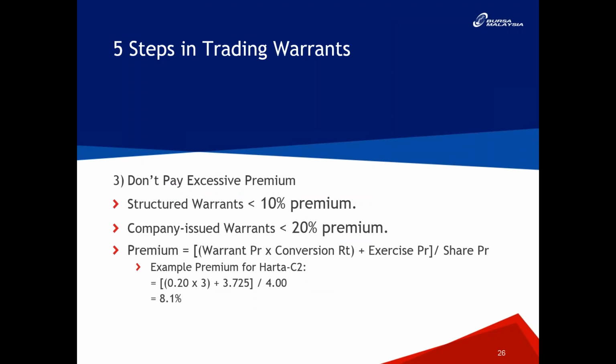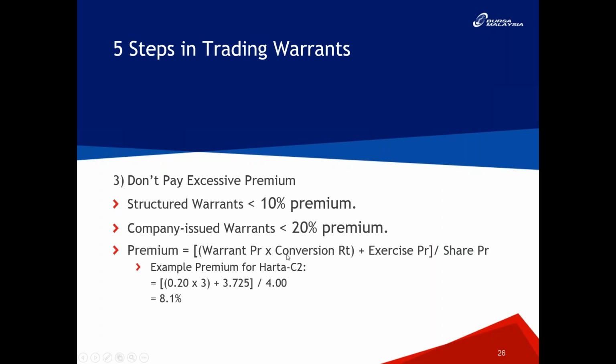The second thing in choosing the warrant would be don't pay excessive premium. In the case of call warrants, call structure warrants, don't pay anything more than 10%. For normal warrants, don't pay anything that's more than 20%. So how do you compute the premium of the warrant?